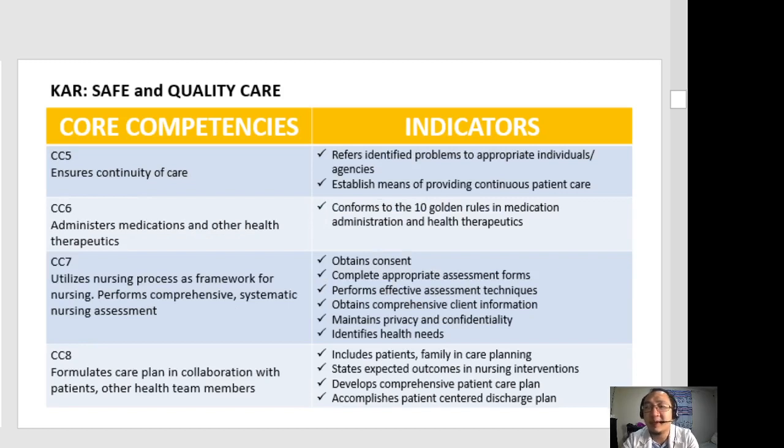And we have number 5, ensure continuity of care, of quality care, not only care but quality care. It refers identified problems to appropriate individuals or agencies. It can be your colleagues, nurses, or doctors, or other departments, or your supervisors, to ensure continuity of care, establish means of providing continuous patient care.